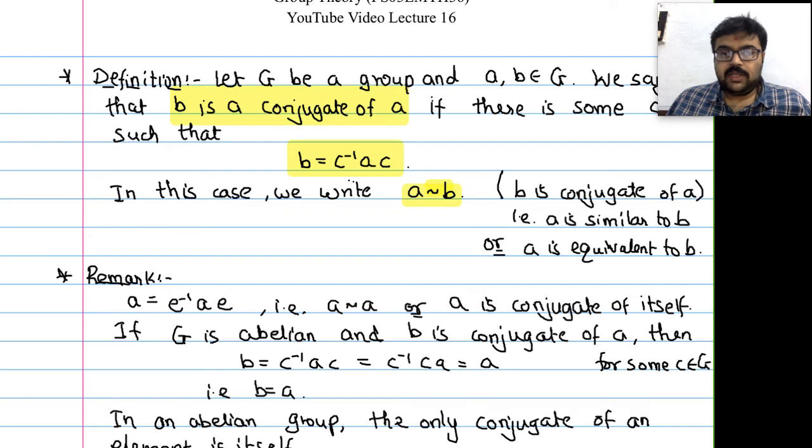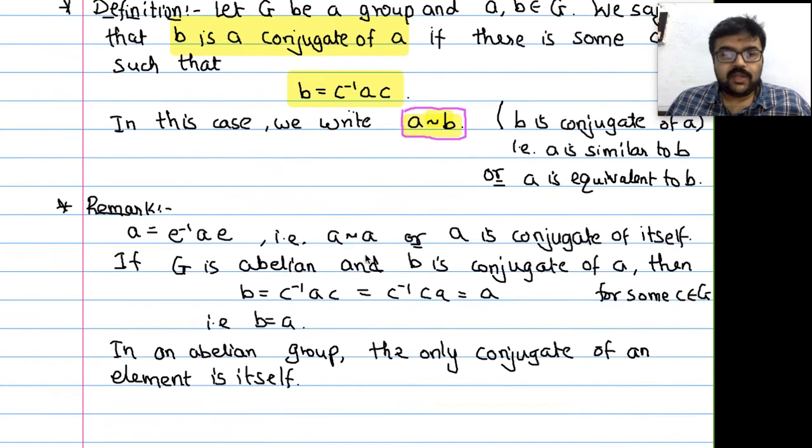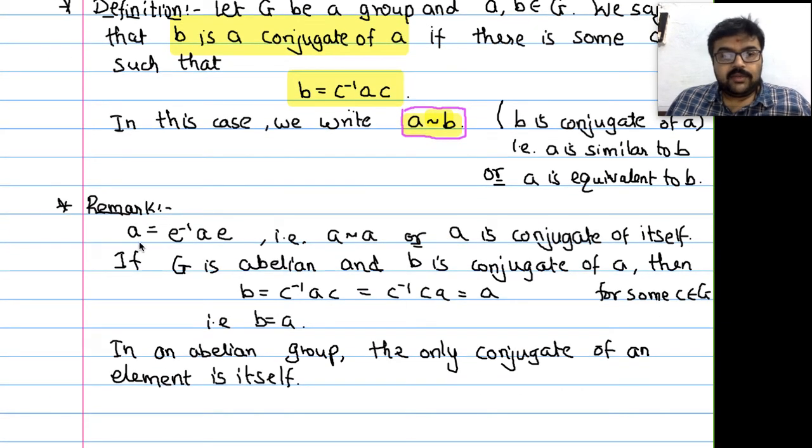But what do you see in this notation? It means that B is a conjugate of A, and A is similar to B. That is the kind of notation we are writing. And another thing, that every element is conjugate of itself, so A is conjugate of A. So, your guess is correct, we are going to show that this is an equivalence relation.